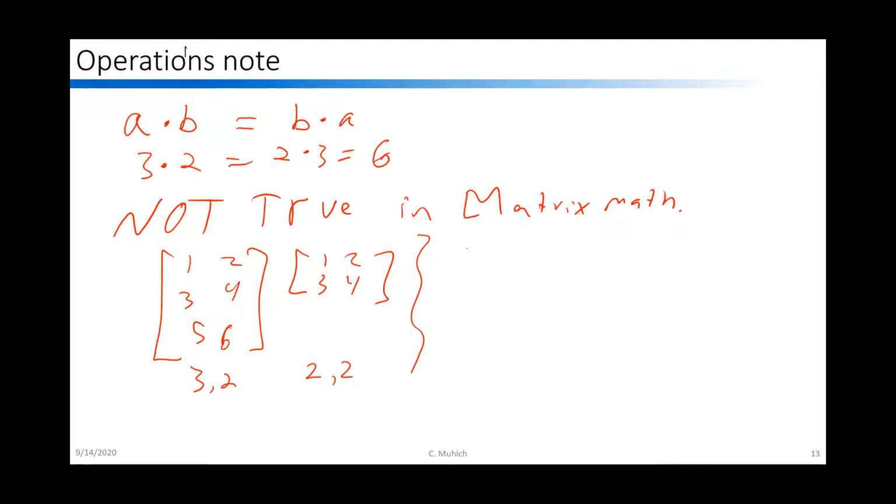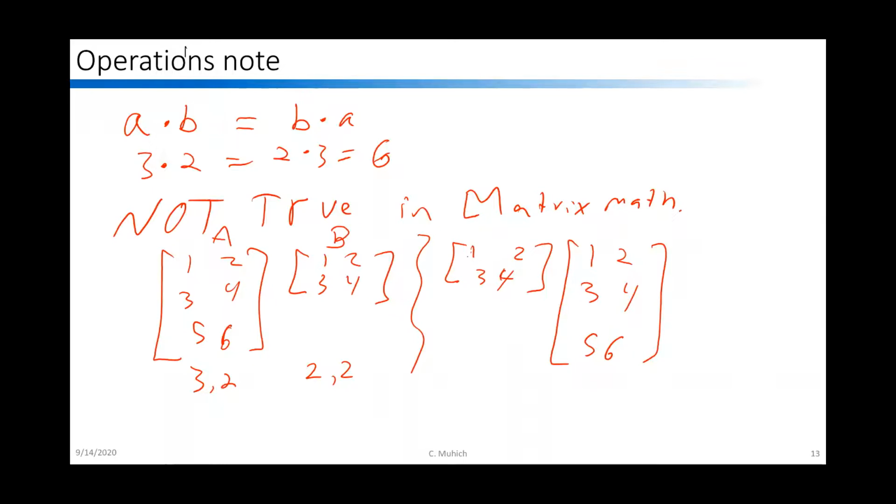So let's say if I call this A and this B, and I flip them, so I have 1, 2, 3, 4, and 1, 2, 3, 4, 5, 6. I'm not going to end up getting the same thing, right?